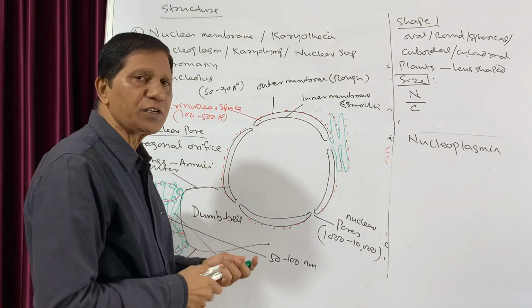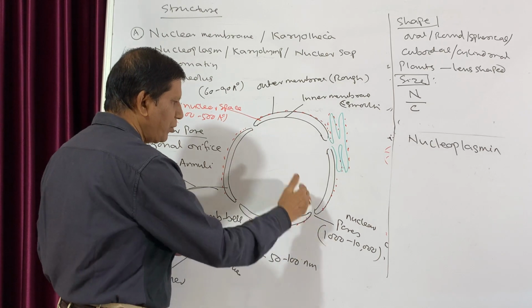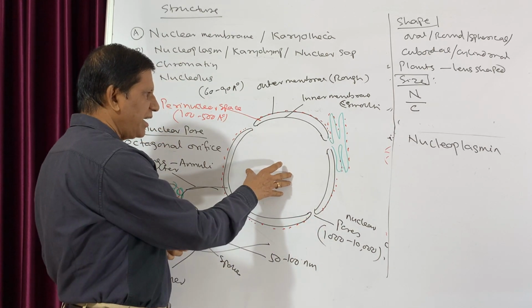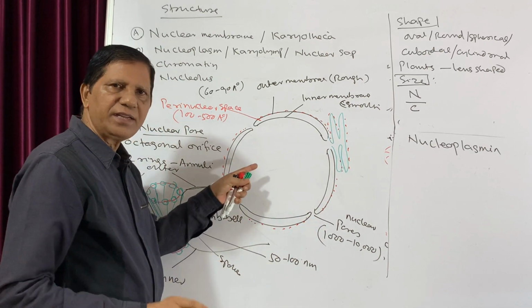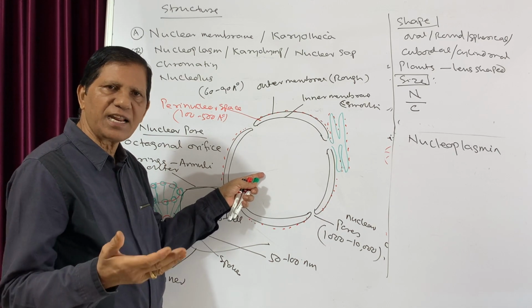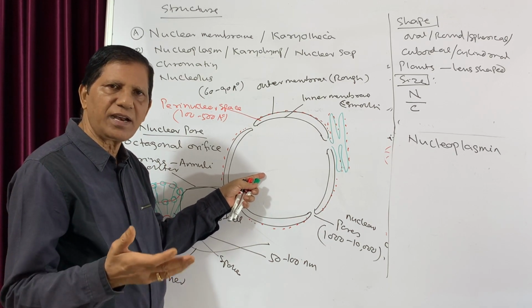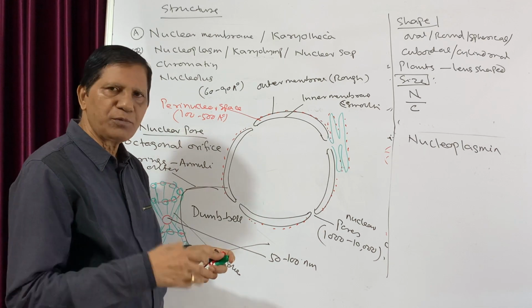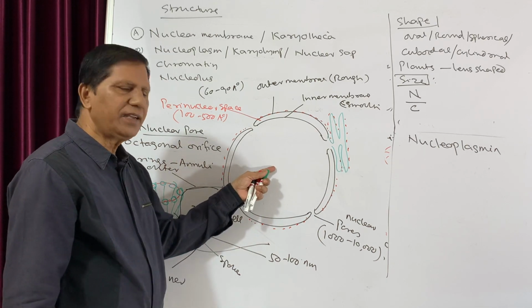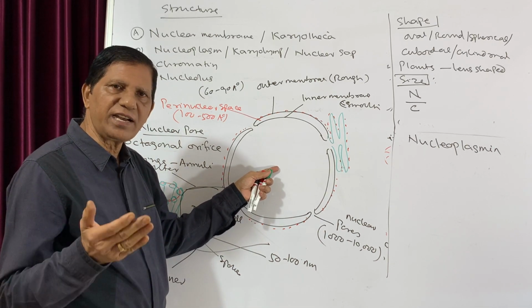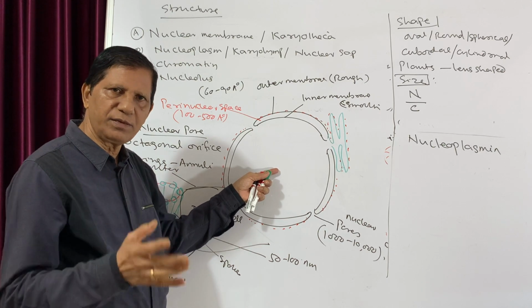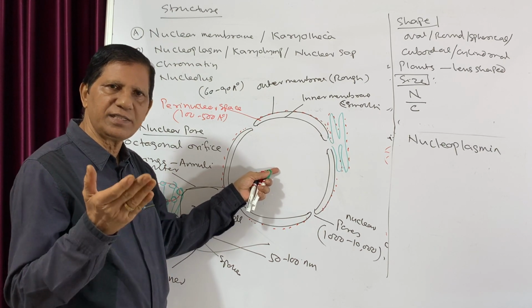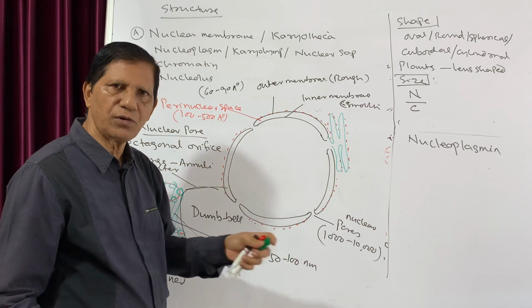So what are the different substances that have to and fro movement? Inside there, the DNA is there, and the DNA will transcribe the different types of RNA: mRNA, tRNA, rRNA. They have to go out. Then the nucleolus is there. Nucleolus is the site of synthesis of ribosomes. The bigger unit and smaller unit, that is 60S and 40S, will also go out.